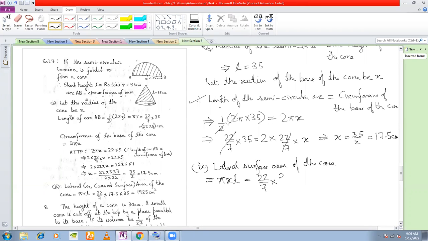Instead of writing 17.5, let's write 35 by 2, into L, which was 35. This will cancel with this 5 times. So therefore, this will be 22 into 5 into 35.